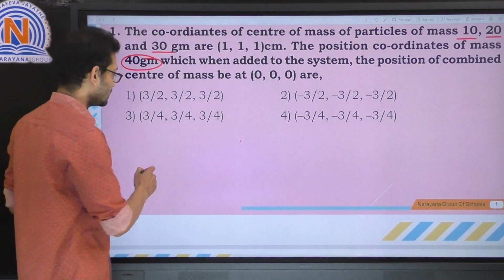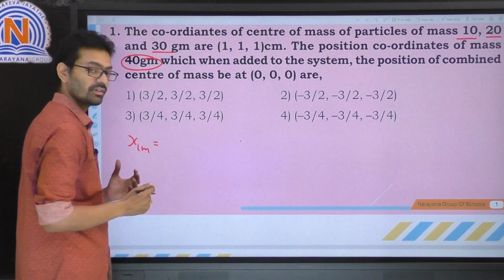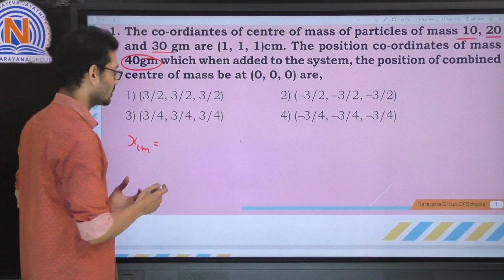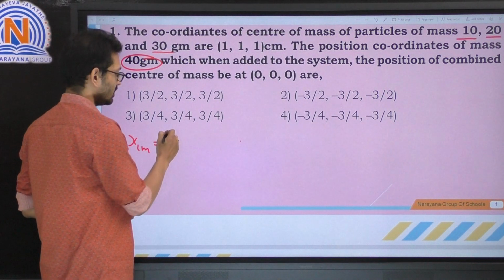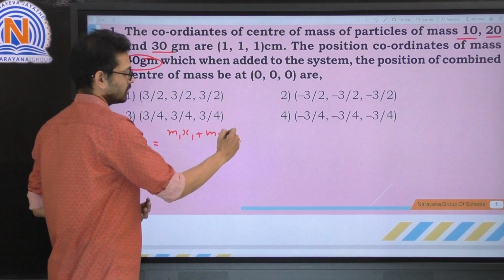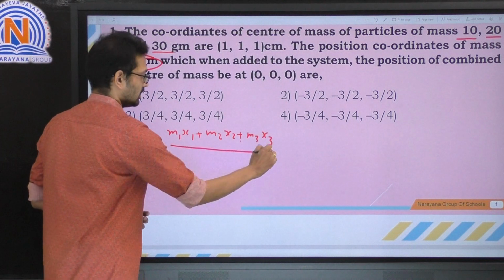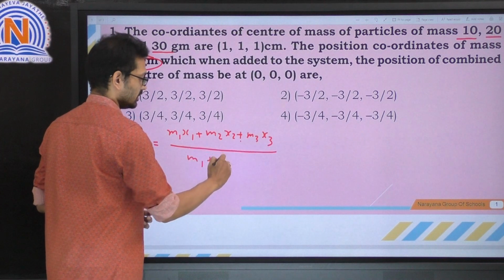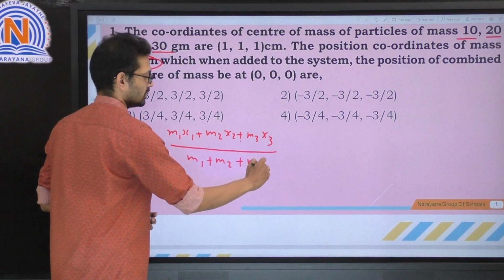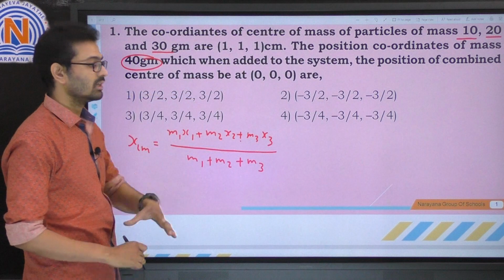Now the formula for this is, anyway we are given x center of mass. So when you are given x center of mass, you can simply go with m1 x1 plus m2 x2 plus m3 x3 by m1 plus m2 plus m3. Now let us try to figure it out for the first one.